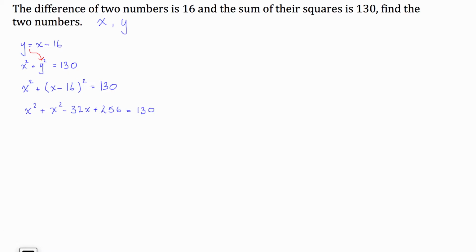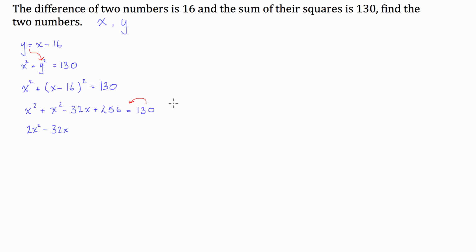Okay, now to collect like terms, we're going to add these two x squared terms together, and we're also going to bring that 130 over to the other side. So that's going to be x squared plus x squared is equal to, well, 2x squared. Then we have minus 32x. Then we have plus 256, but then we're going to minus away 130.